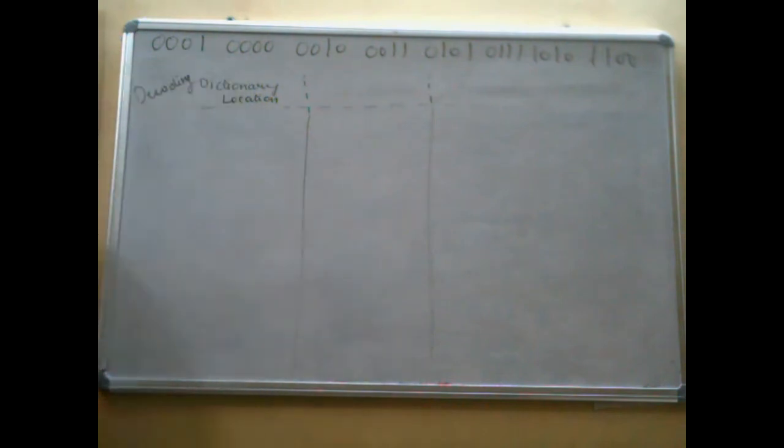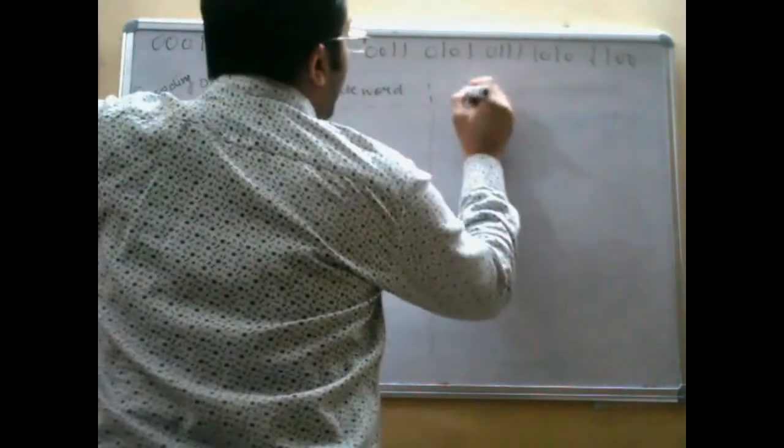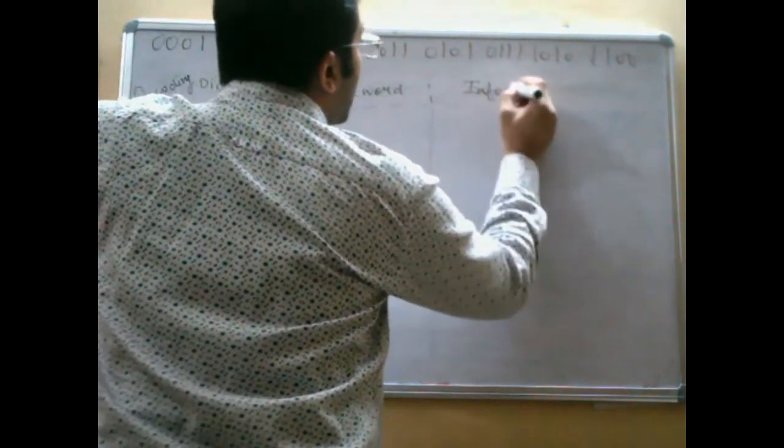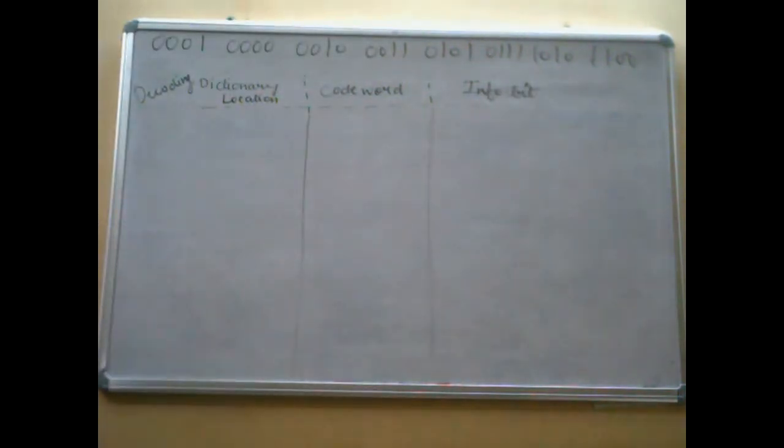In the decoding part, draw a table. First will be the dictionary location. That will be as such. It will be known to the receiver end as well. Second will be the code word. Next is the information bit.